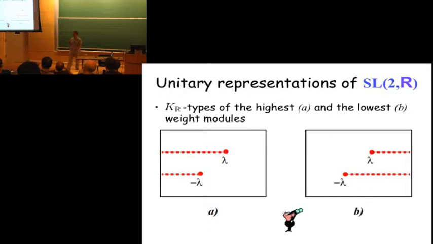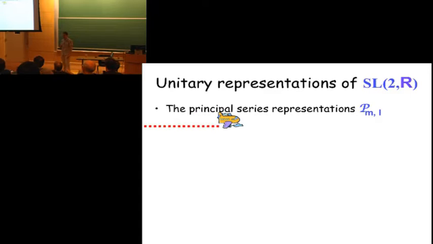Because acting with the lowering operator on this particular vector should give you 0. Otherwise, it wouldn't be the lowest weight module. And this is analogous to a highest weight module, where there is a highest weight vector, and you cannot continue any further. So this is a fairly standard story and justifies the notation for lowest and highest k-types.